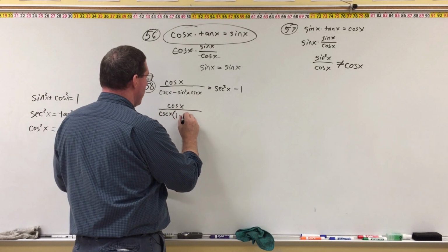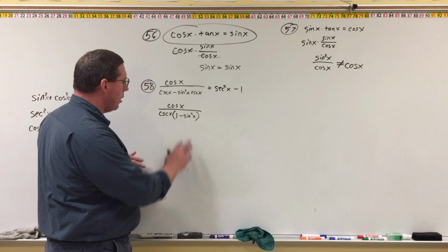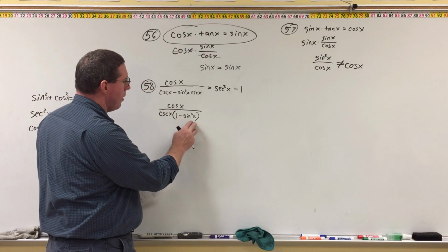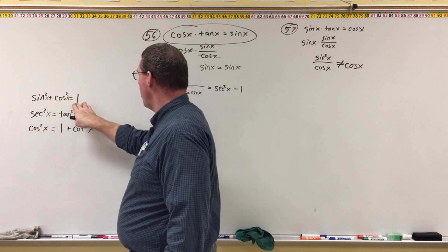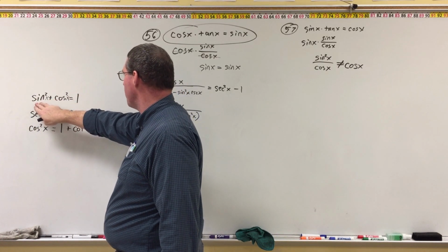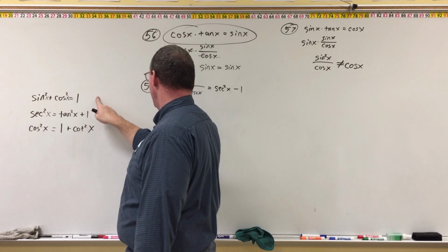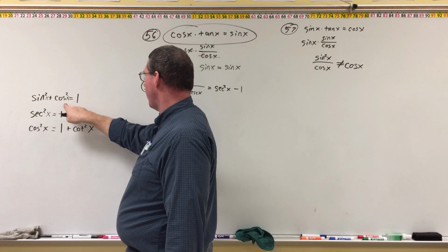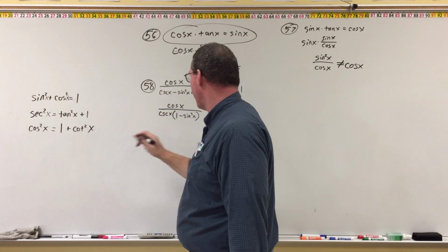So I'm going to have 1 minus sine squared of x, right? Now watch this. See this 1 minus sine squared of x? If we come over here to sine squared plus cosine squared equals 1, if I subtract sine squared of x, over here I get 1 minus sine squared of x, and all I have over here is cosine squared of x. And therefore, this is actually equal to cosine squared of x.